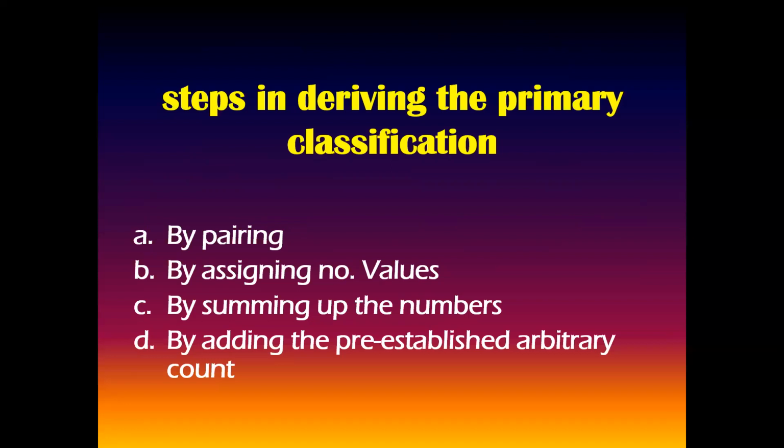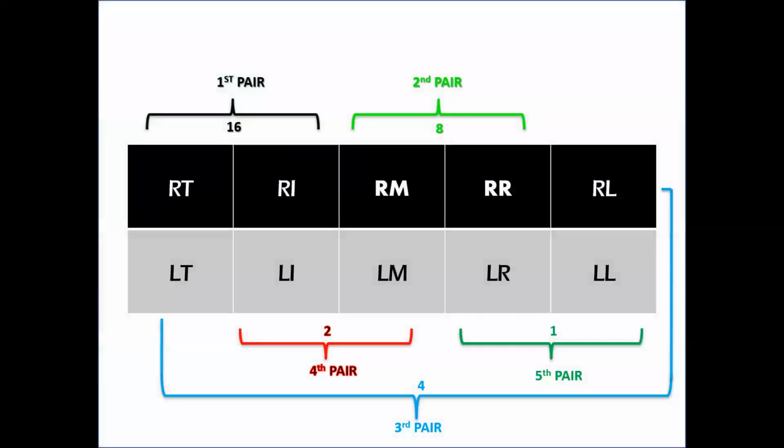And then after pairing them, we assign the corresponding number values that we have established a while ago. The first pair being 16, until the last pair being 1. We sum up the numbers: even fingers in the numerator, odd in the denominator, and then of course adding the pre-established arbitrary count of 1/1.